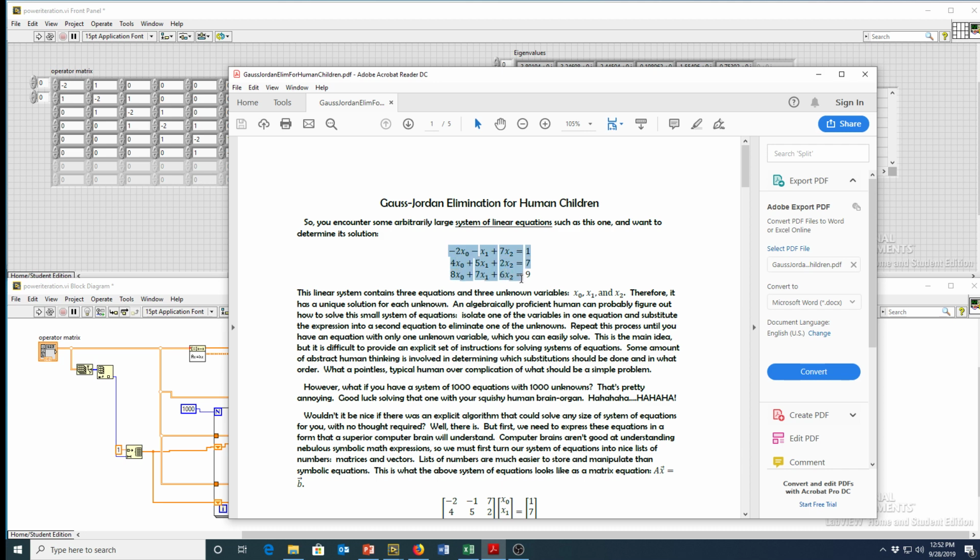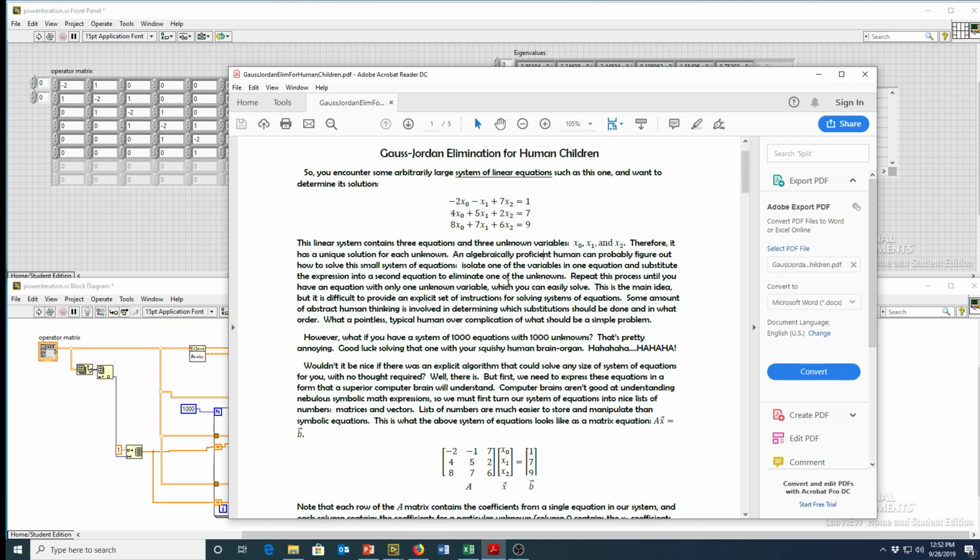Here's a set of linear equations that you might encounter in an algebra class, and you have three unknowns and three equations, and you could solve one of the equations for an unknown, substitute it into the next equation, solve that for another unknown, substitute it in the next equation, and eliminate all your variables and solve each one by one.